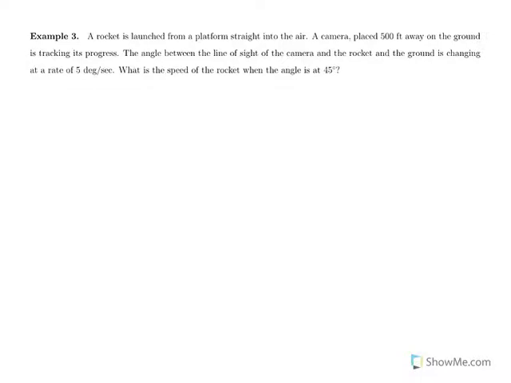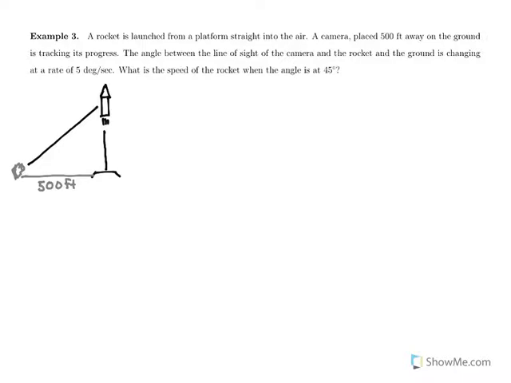So let's draw a picture here. We have some rocket. It's being launched from some launch pad, and there is a camera that is tracking its progress 500 feet away. So the distance here is 500 feet. And we're going to be looking at this kind of picture.